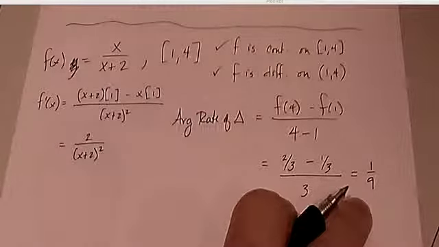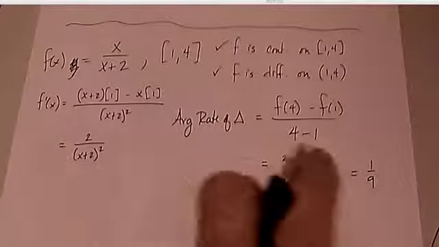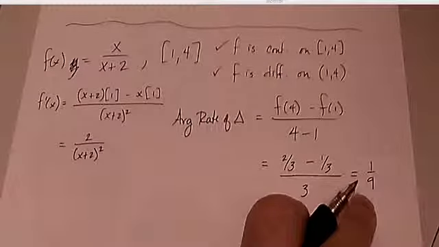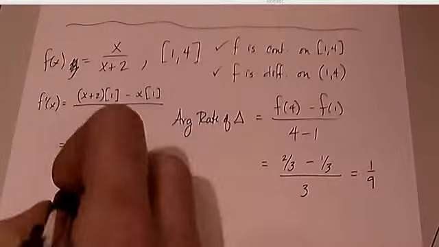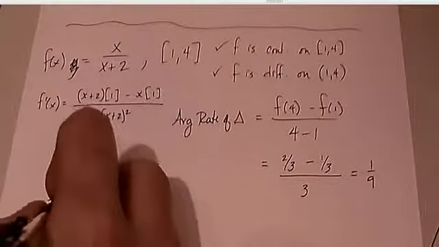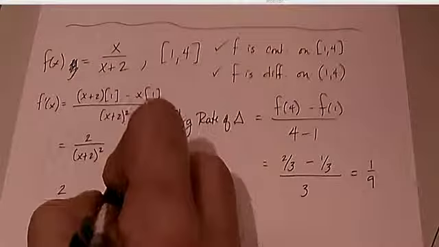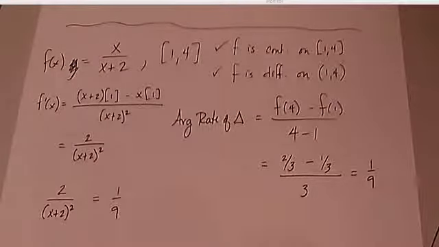And now I simply need to figure out where this derivative is equal to that average rate of change. So I have to just set them equal to each other. So I have 2 over (x plus 2) squared is equal to what? Okay, well, let's do 1/9. And of course, that right there is just a proportion.